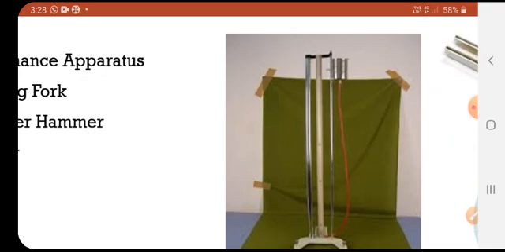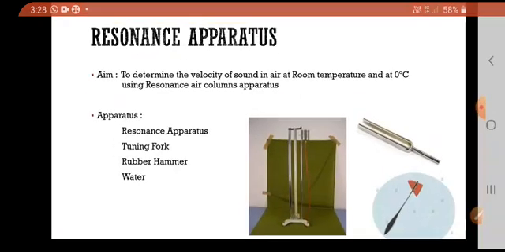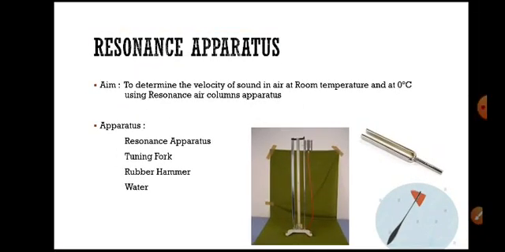A meter scale is fixed to the side of this pipe, and the reservoir can be moved upside or downside and can be fixed at any position. That is the resonance apparatus.